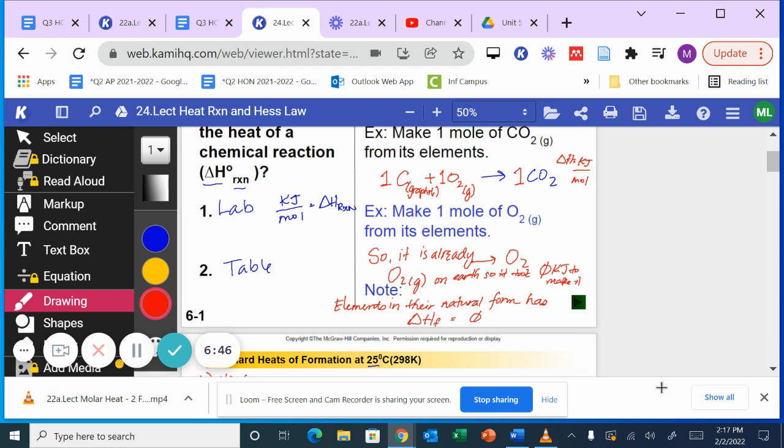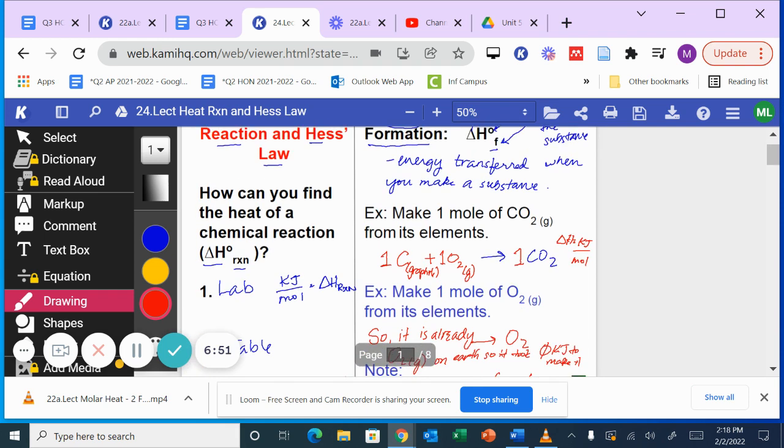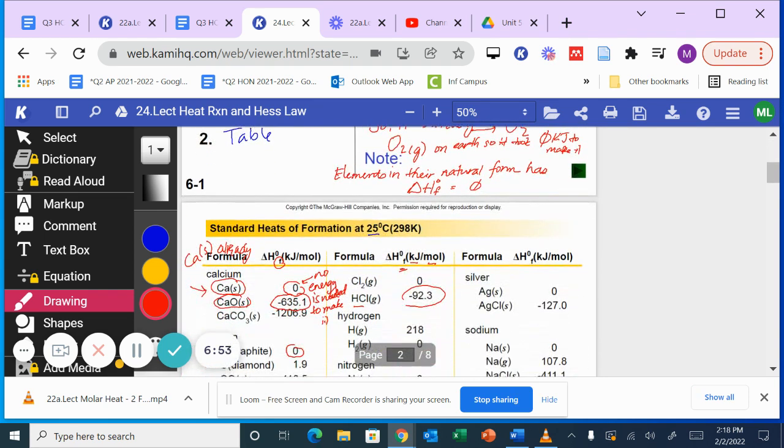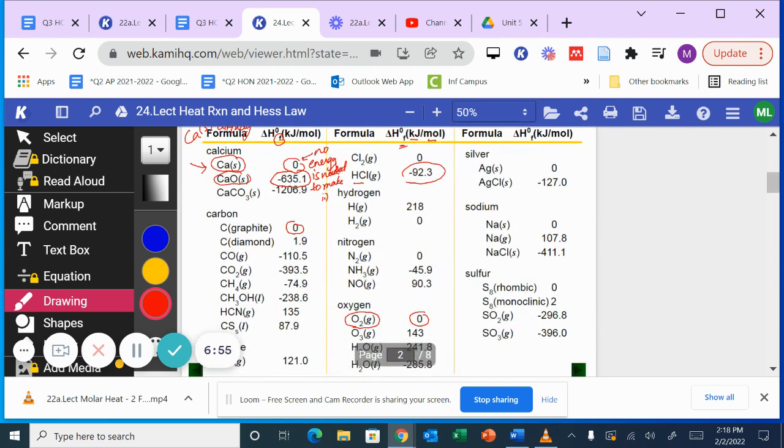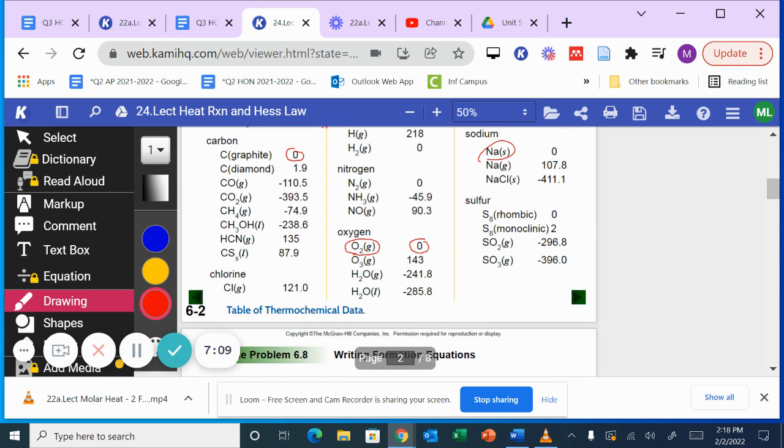Okay, and remember, these are all in the standard conditions, the same temperature, 25 degrees, and that's what the little circle means. Okay, so let me ask you another question. How does silver naturally occur on Earth? You're going to say it occurs as silver solid because it took no energy to make it. How does sodium naturally occur? It occurs as sodium solid. Okay?